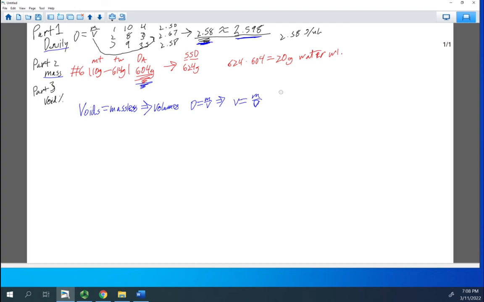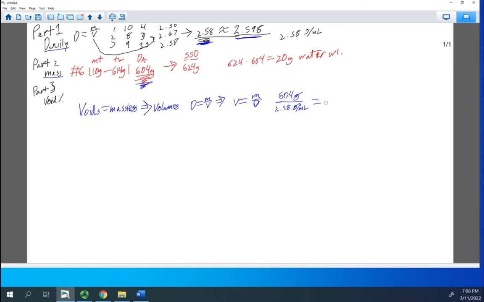So the dry aggregate weight, 604 grams, divided by our density, which we established as 2.58 grams per milliliter. Units cancel, and we get the volume.